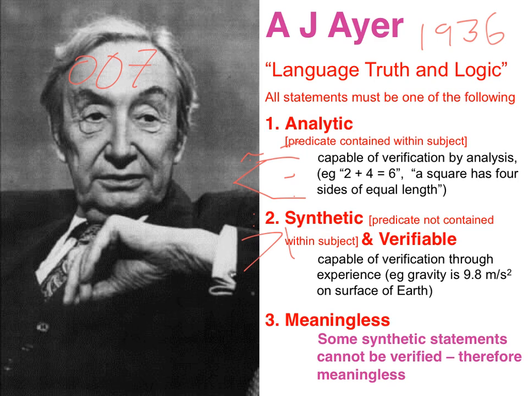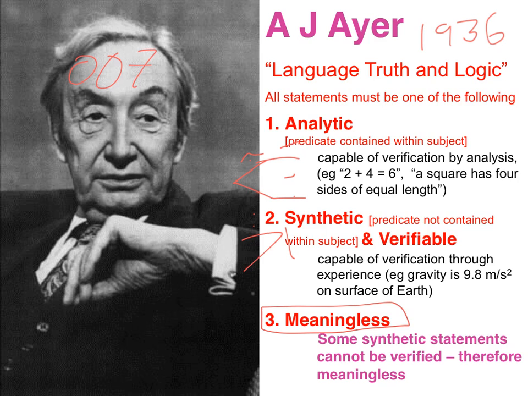A.J. Ayer actually had quite a strict view on what could be verified. And this group here we haven't really discussed at length yet, but we will get to it. There are more statements in the meaningless statement. If it can't be verified through synthetic means right now, or analytic means right now in the present day, then it may be meaningless.